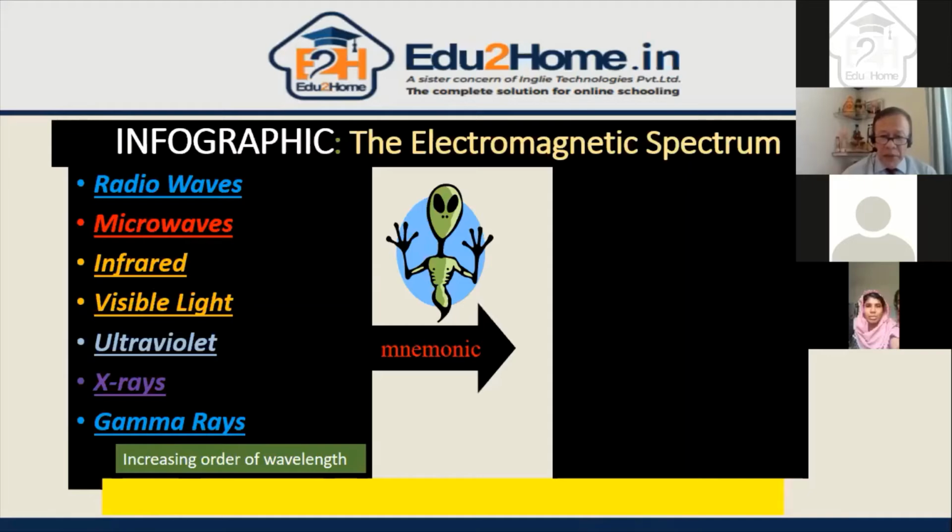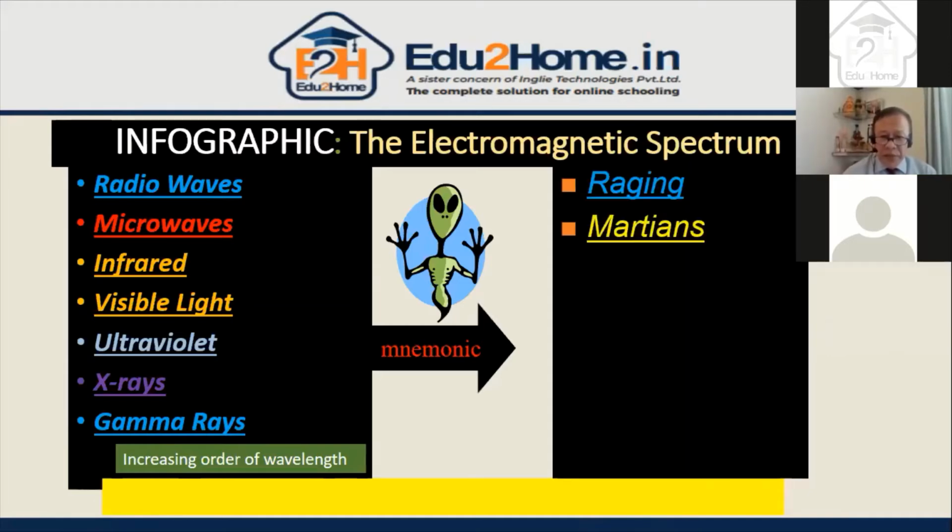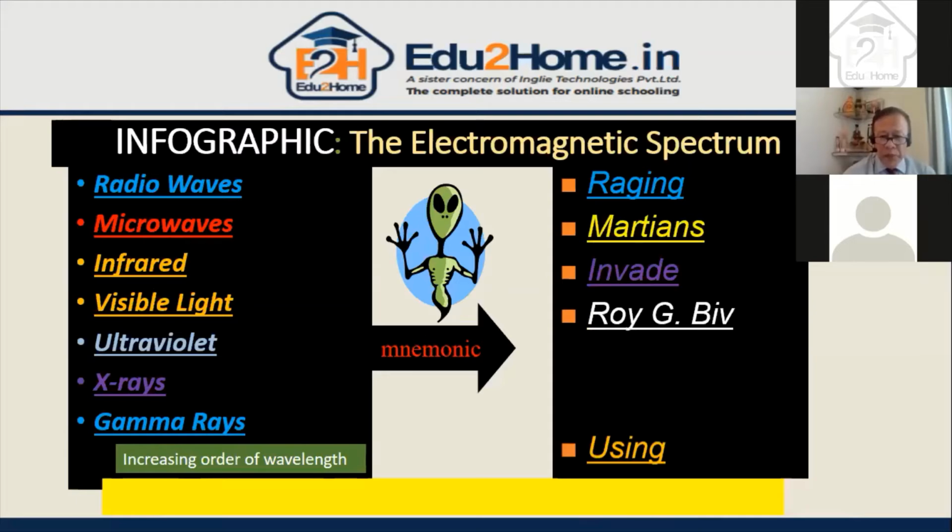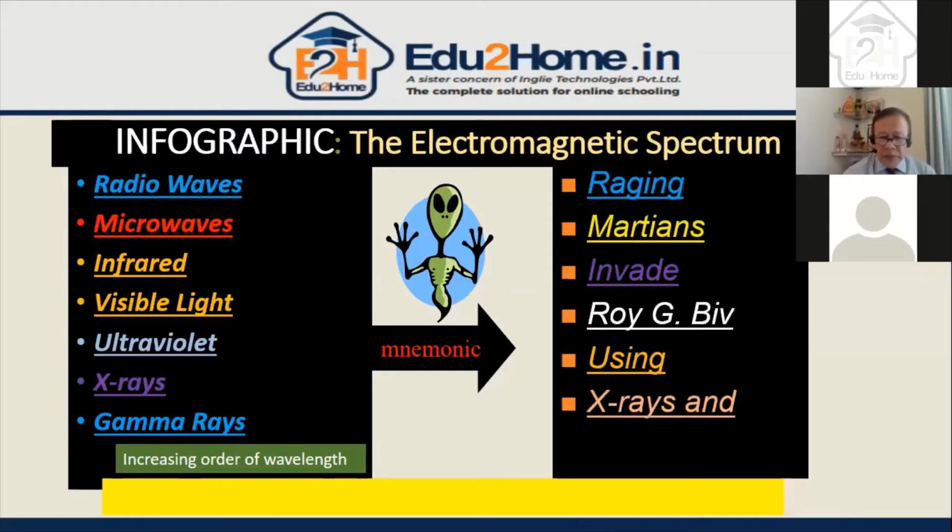Or you can remember it like this: ROY G BIV, that is the visible spectrum, then X-rays.